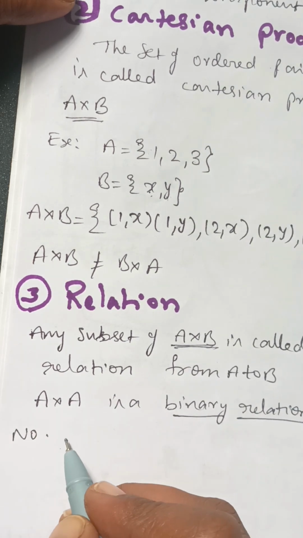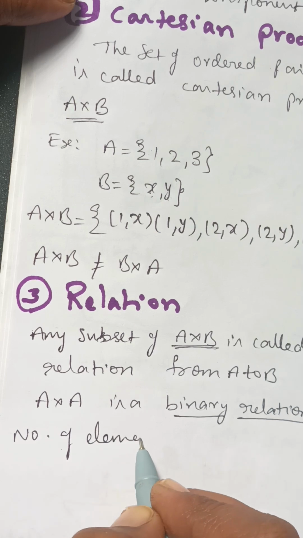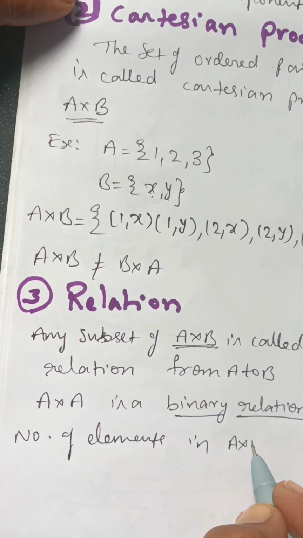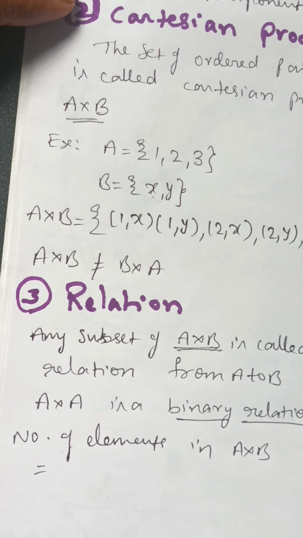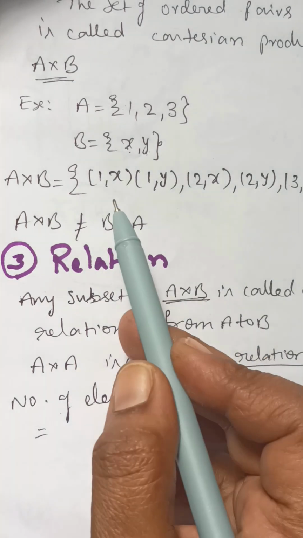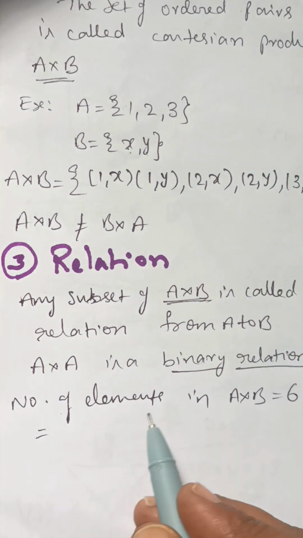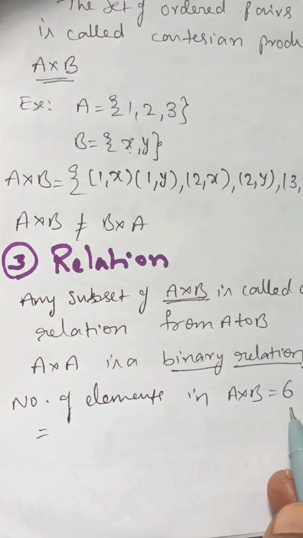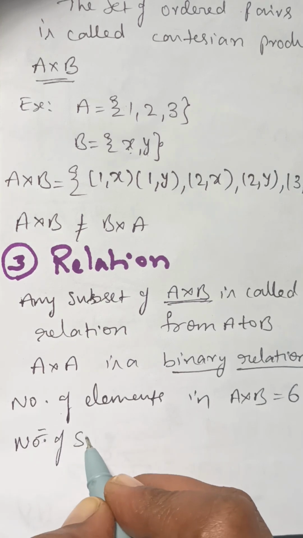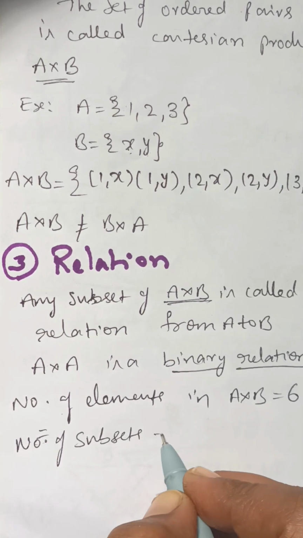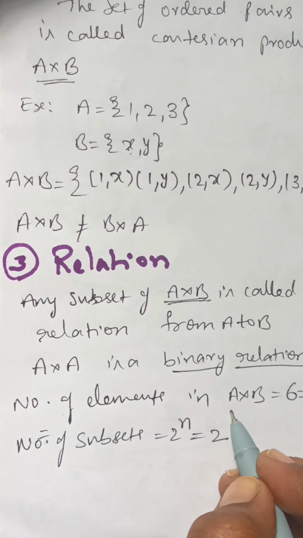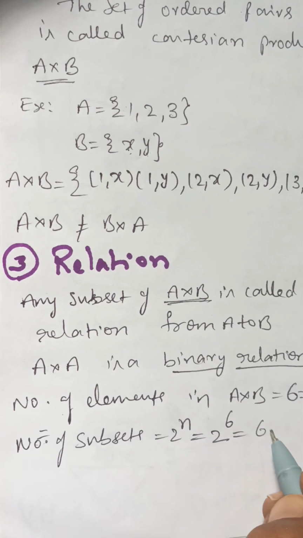Number of elements in the above example: A cross B has 6 ordered pairs, 1, 2, 3, 4, 5, 6. So the total number of subsets, the formula is 2 power n, so 2 power 6, which is 64.